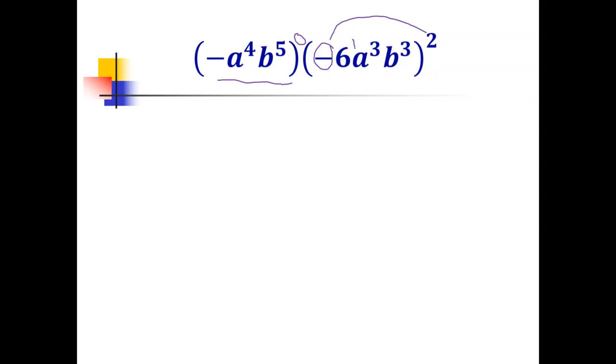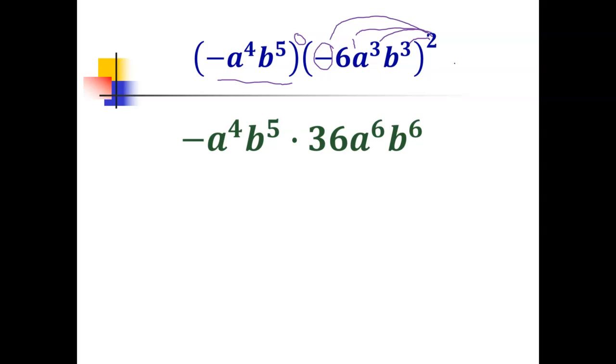Now, if there's no number, keep in mind the exponent is 1. So when I get rid of the second parenthesis, I'm going to multiply 1 times 2. I'm going to multiply 3 times 2, and I'm going to multiply 3 times 2. So this is how I get negative a to the power 4, b to the 5. That is just by dropping the first parenthesis.